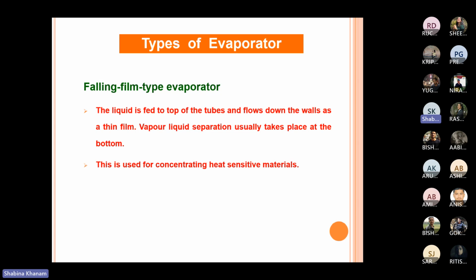In that case you cannot again and again circulate or feed the juice to the heat exchanger, because that is at quite high temperature. So the feed should not re-enter; it will enter only once. Therefore it is used for heat sensitive material.